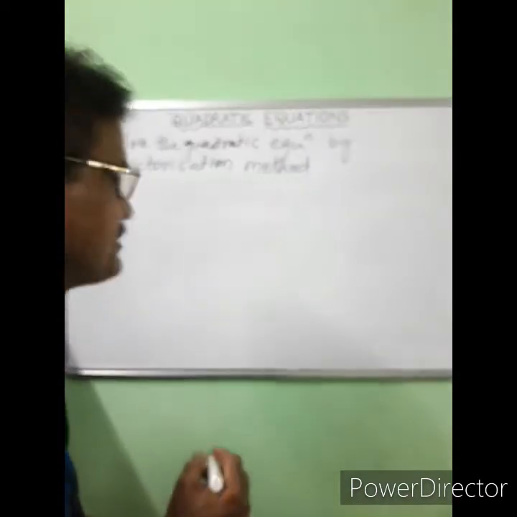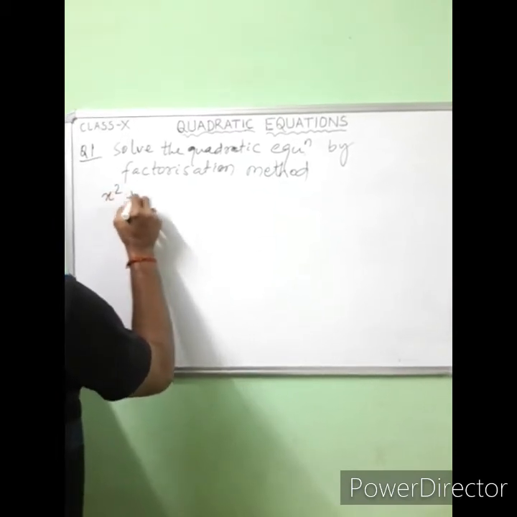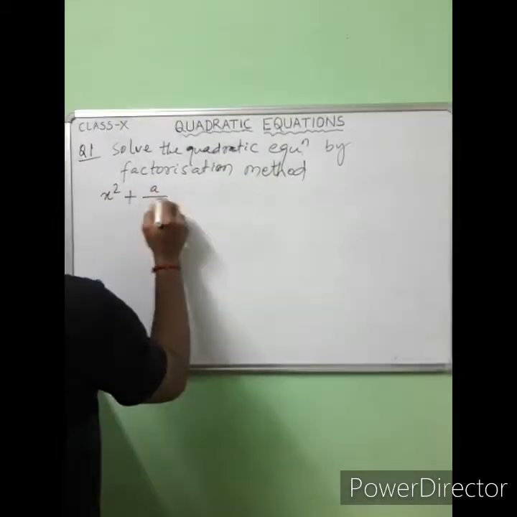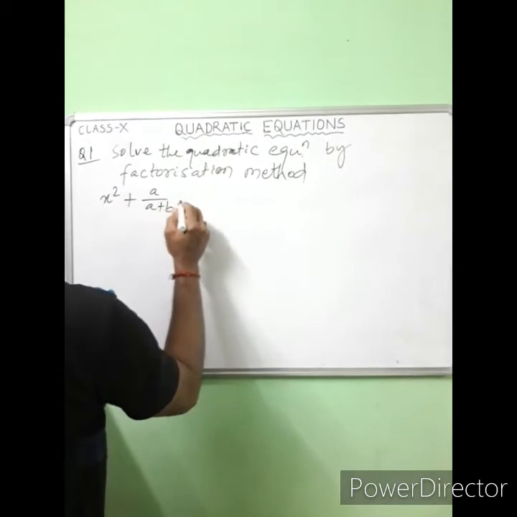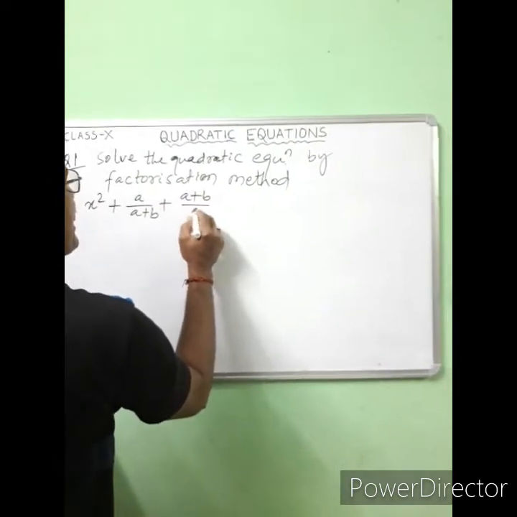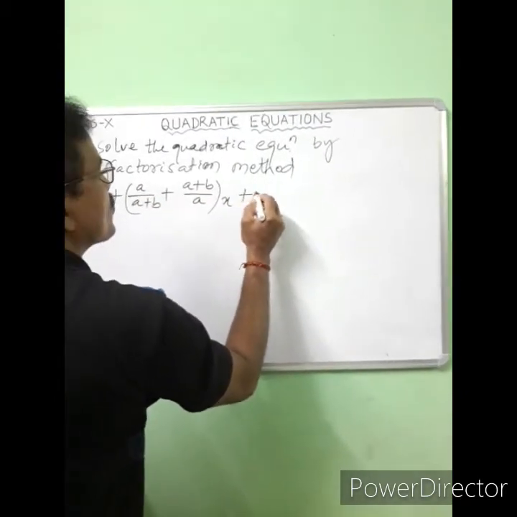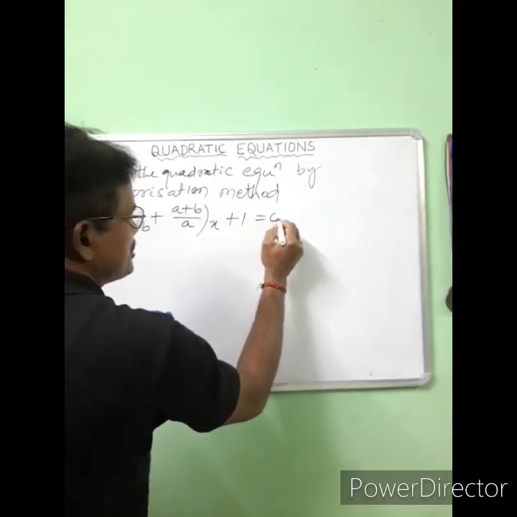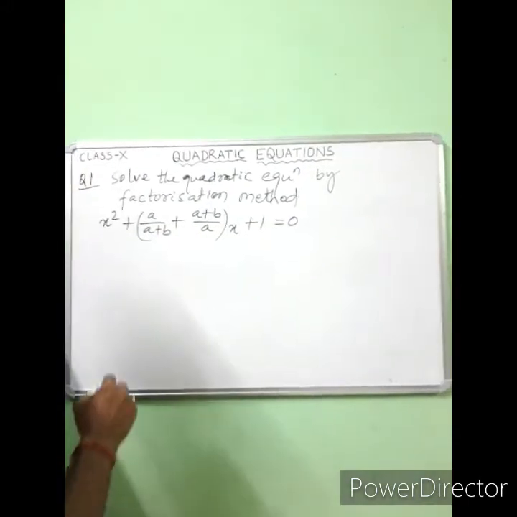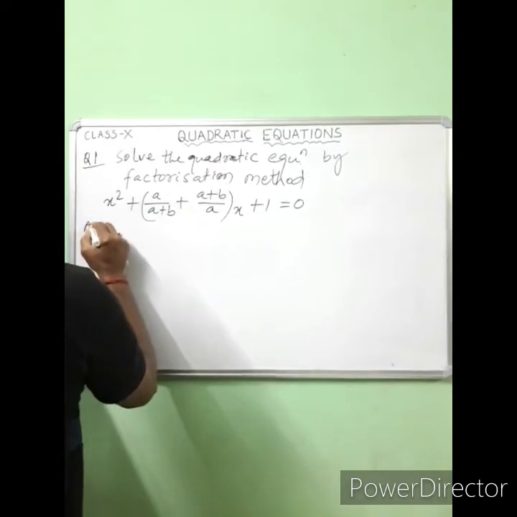The question is: x square plus (a by a plus b plus a plus b by a) whole x plus 1 is equal to 0. Now the answer.